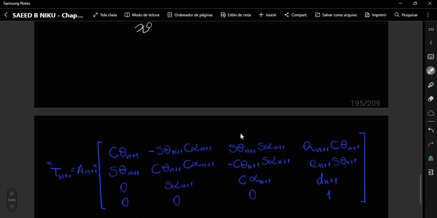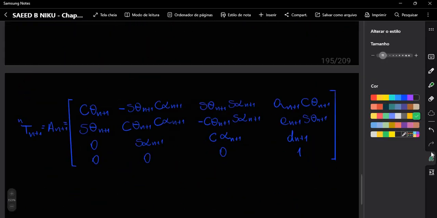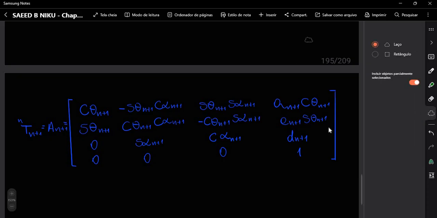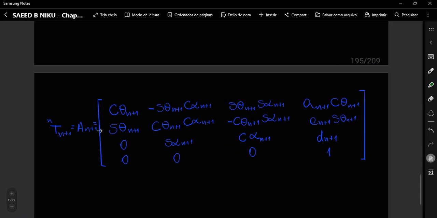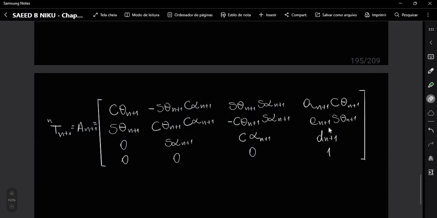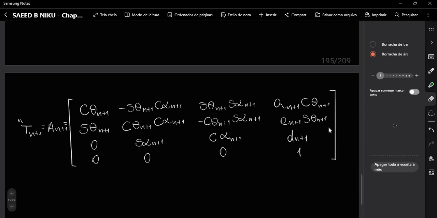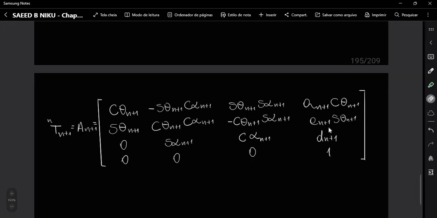So just like the solution of the book, it provides a generic solution. So it's a solution that solves for any value of theta.